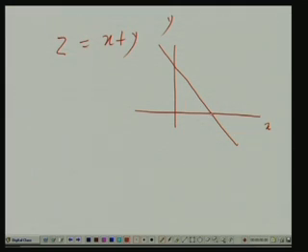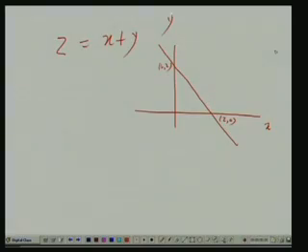That means this point is (z, 0) and this point is (0, z). So, this intercept from the origin to this point is equal to z, and this intercept also is z. And as you know, as you slide this line further to the right, the value of z increases because the intercepts increase. So actually it is like a slanted plane going like this, as we move x and y both.